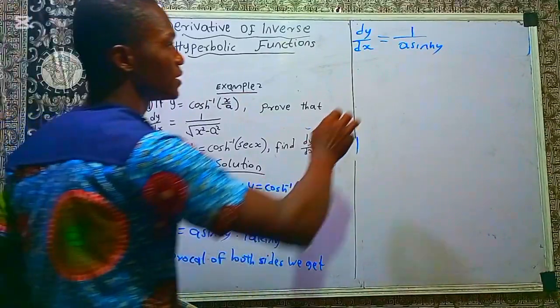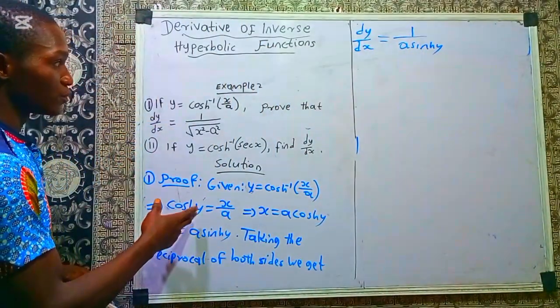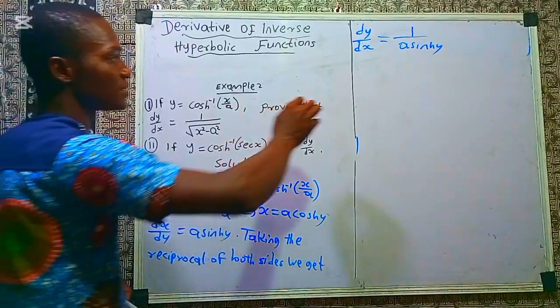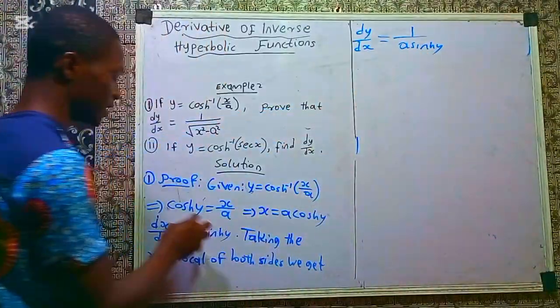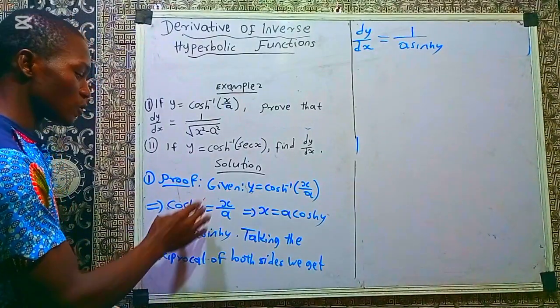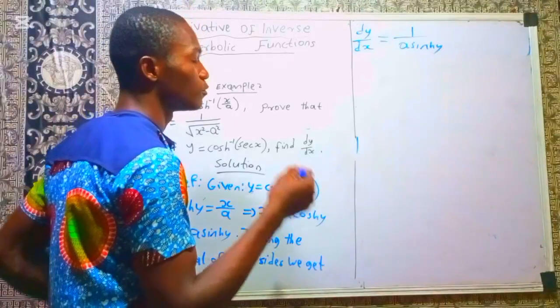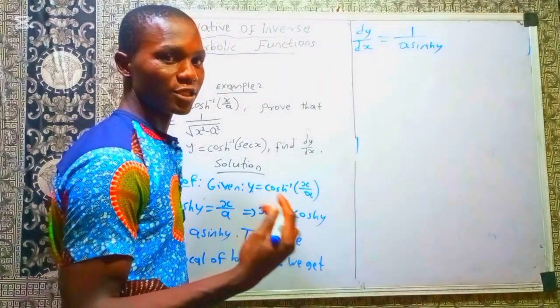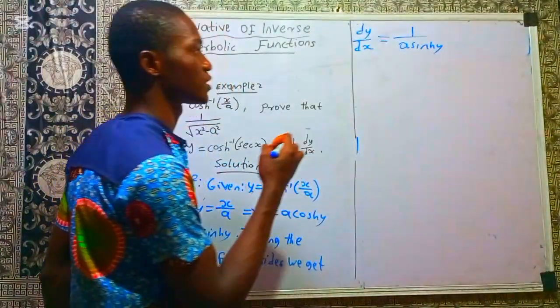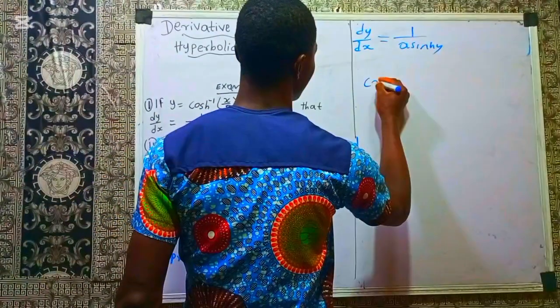So for us to write this hyperbolic sine in terms of x and a, we have to write this hyperbolic sine in terms of cosine, so that we can now replace cosine with x over a, right? So we use the identity, the relationship between hyperbolic cosine squared and hyperbolic sine squared. We saw that in our previous video.